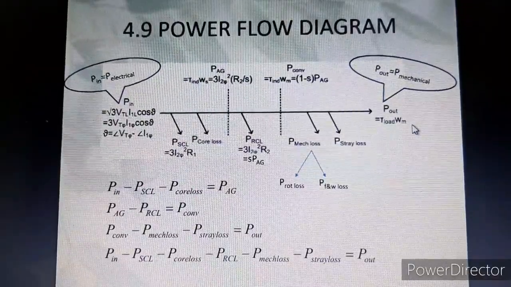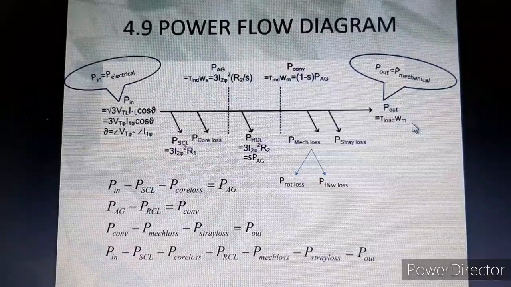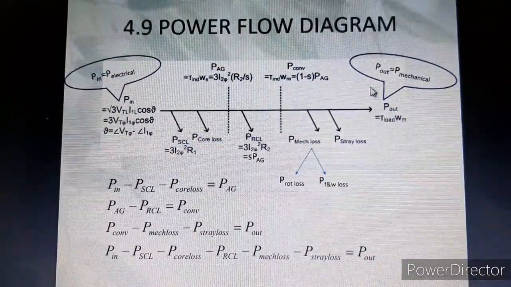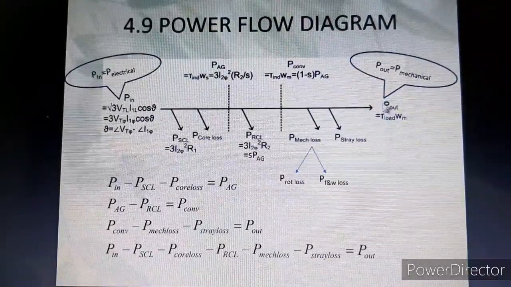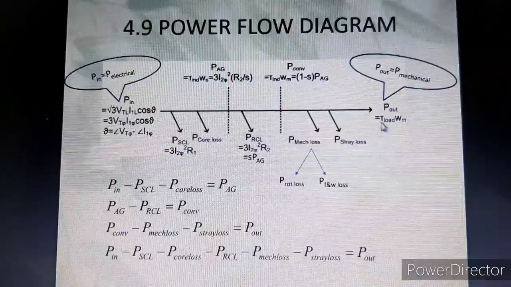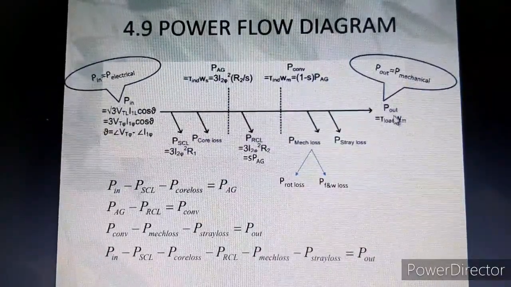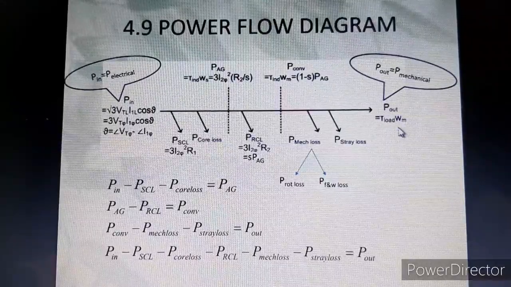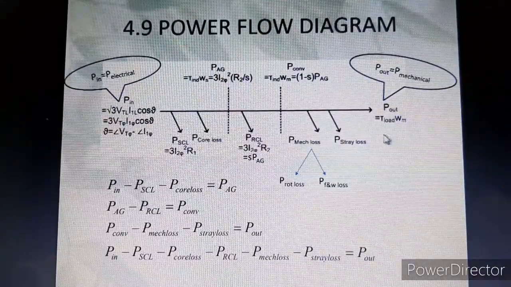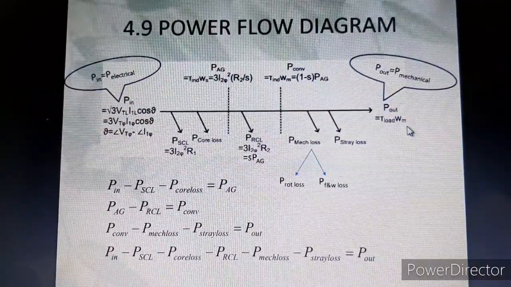Remember we have two speeds, synchronous speed and motor speed. Why do we use motor speed in the output power formula? Because our output is on the rotor. The speed of the rotor is also called motor speed or rotor speed, so that's why we use omega m here.